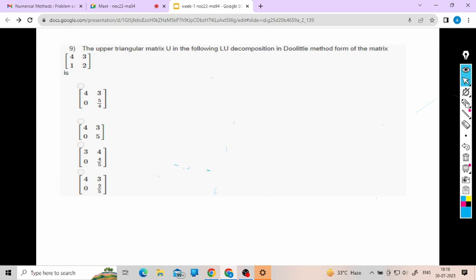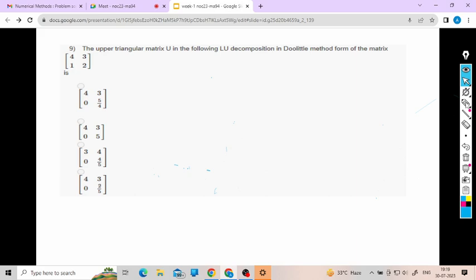No. You have to write the lower triangular matrix and then the upper triangular matrix, because matrix multiplication is not commutative. So you cannot write U into L.